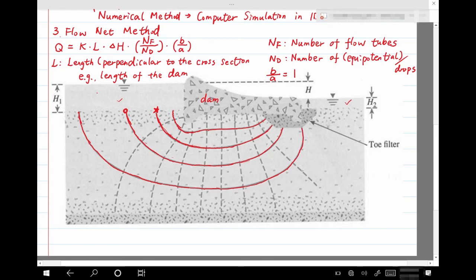These are the flow lines. Flow lines show the path of water movement.